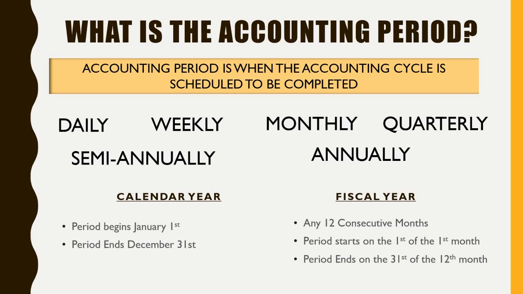It's U.S. Treasury money. That's an example of what you could do every single day. But most typically, the best way to see that a business is doing well is to measure it per month or per quarter or per year.